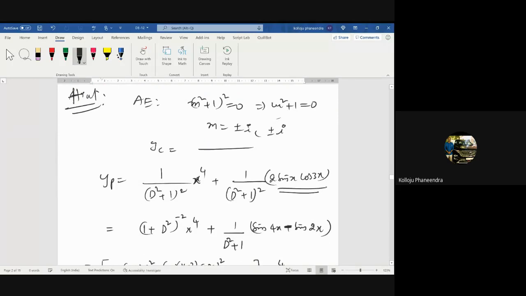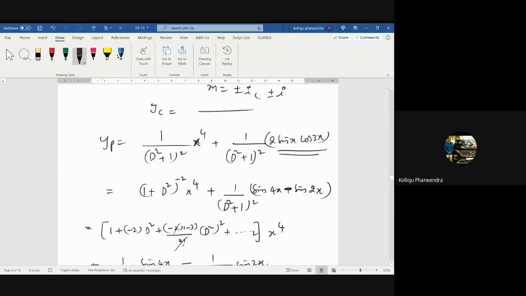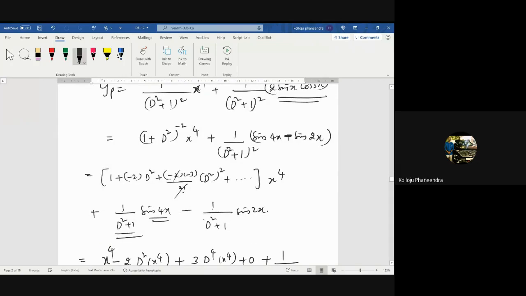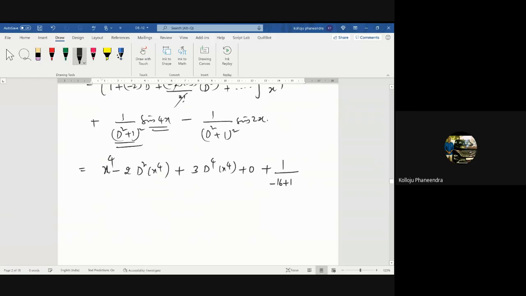Now replace D square by minus 16 for sin 4x: minus 16 plus 1 whole square, sin 4x. Minus 1 by, the same, replace D square by minus 4, since m value is 2: minus 4 plus 1 whole square, sin 2x.